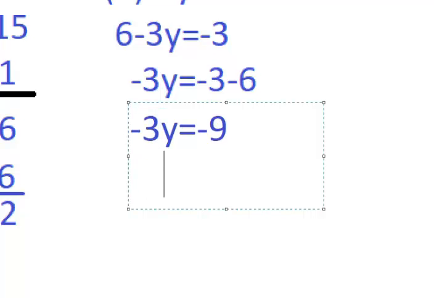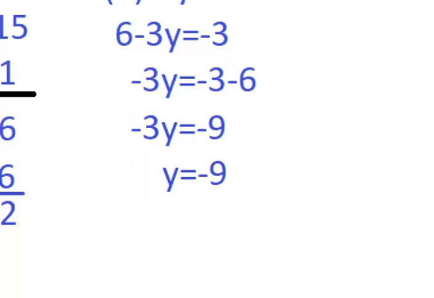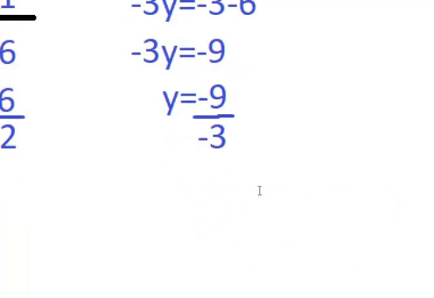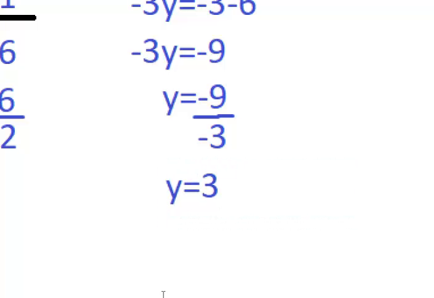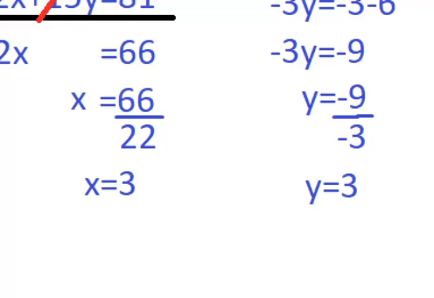So in the end, I will get y equals negative 9 divided by negative 3. Okay, and minus 9 divided by minus 3, that will give me y equals 3, yes? So that will be my answer for y.